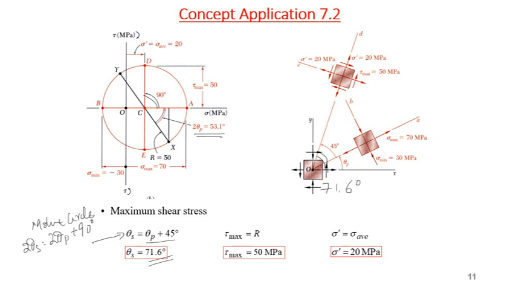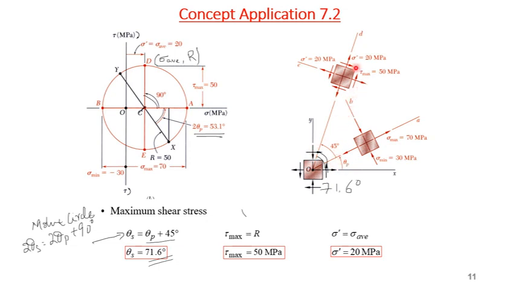And the corresponding normal stress where you have the maximum shear stress will be equal to the average. If I want to write the coordinates of point D, it will be sigma average and the radius. Now if I want to represent that element, this was my original state. This is where we have the principal stresses, sigma max and sigma minimum, and this angle will be theta p.